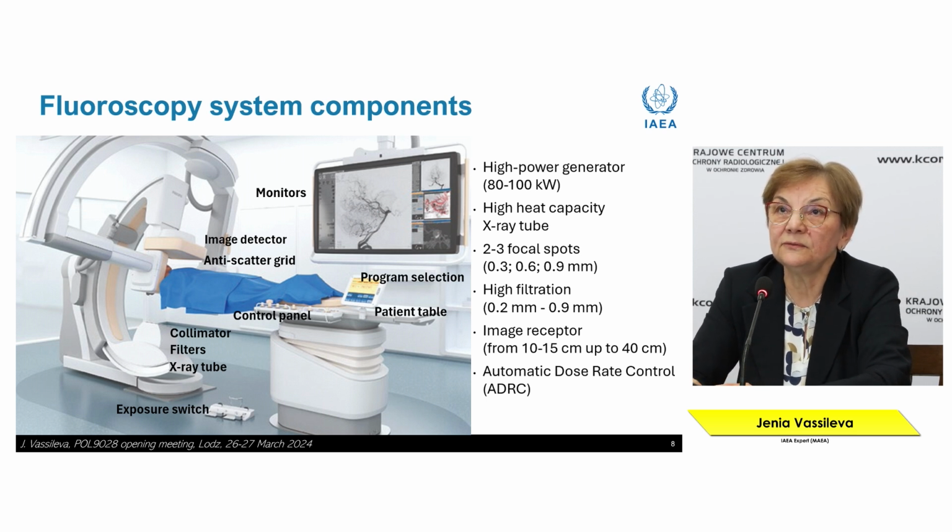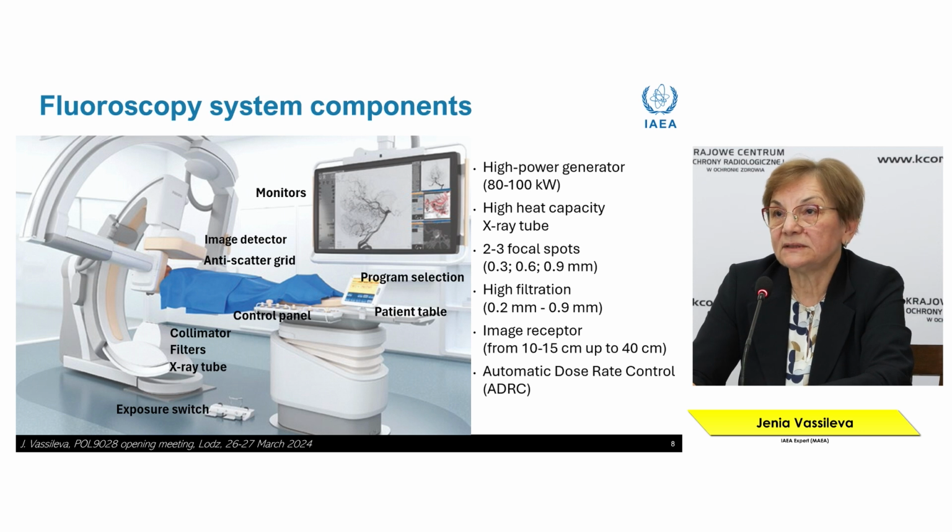Here on this slide, I try to present the main components of a modern fluoroscopy system. This, in fact, is an angiography system, a fixed system, for which normally high power generators are used, high heat capacity. Normally 2 or 3 focal spots, that's very important for proper resolution of the images, depending on the purpose. High filtration, extremely important dose-saving function.